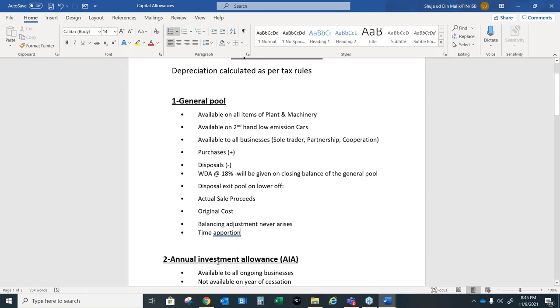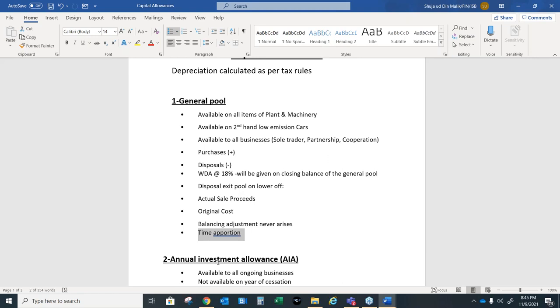Further, this is written that this will be time apportioned. Now, the concept of time apportionment here is entirely different from the concept of time apportionment in employment income. In employment income, we used to time apportion every single asset for the months we were provided with that asset.